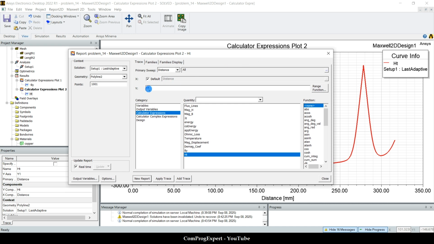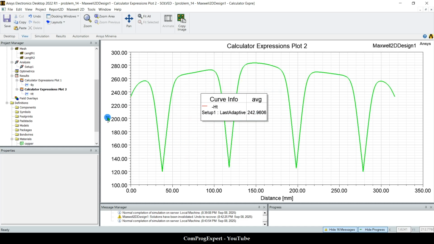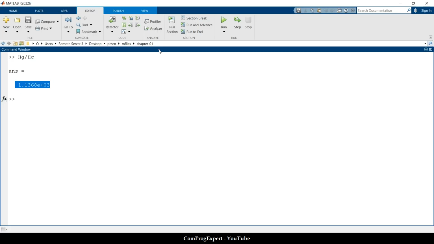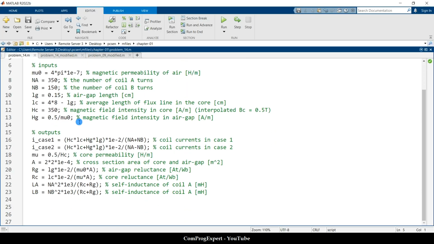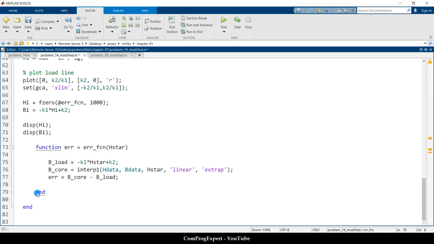Now this is better. So negative sign. What is the average value? 242. Great. So as you can see, we estimated this number in MATLAB using analytic calculations and root finding, the F0 function.